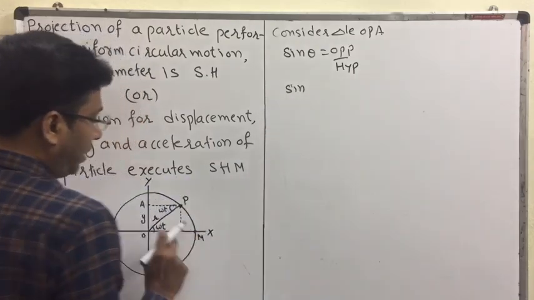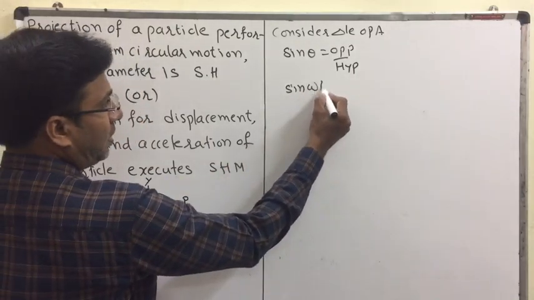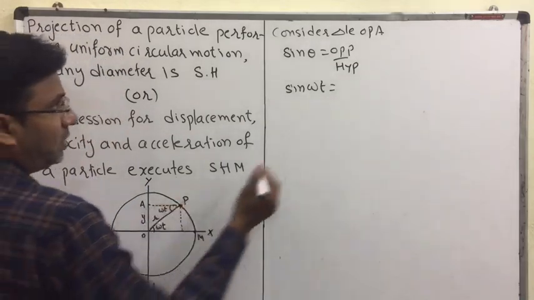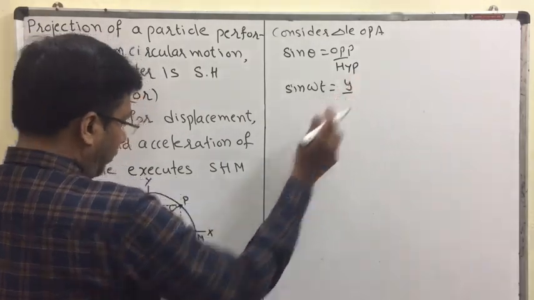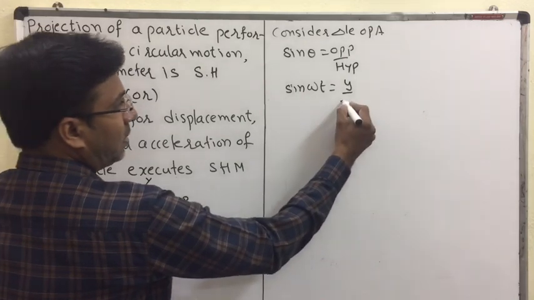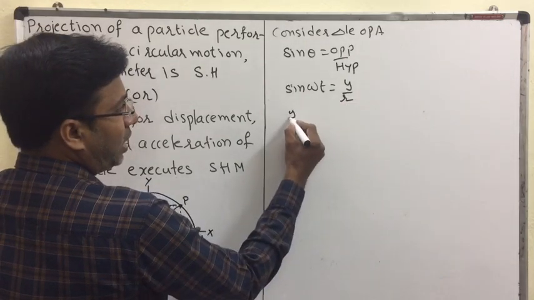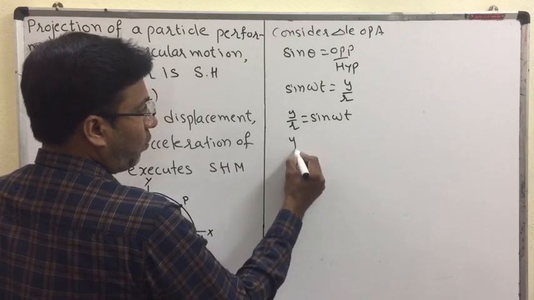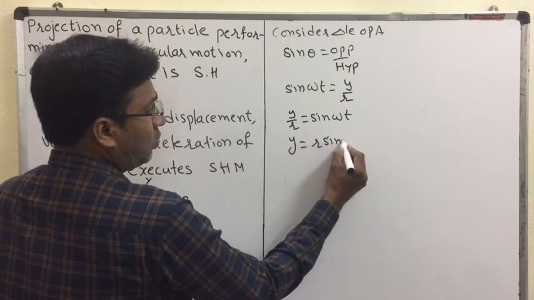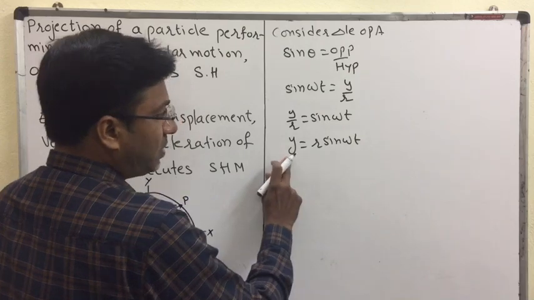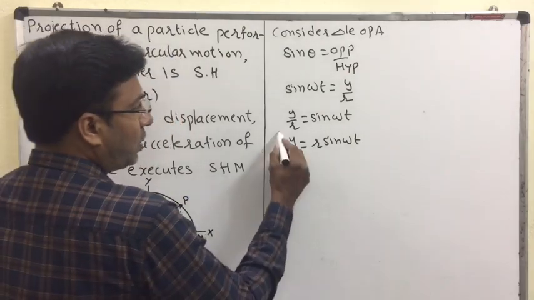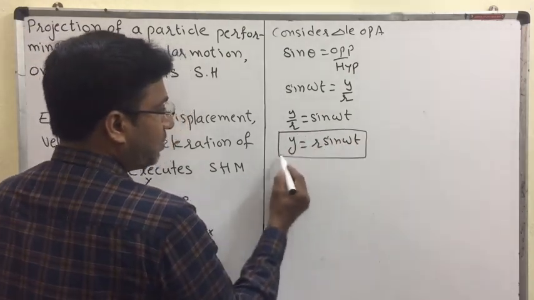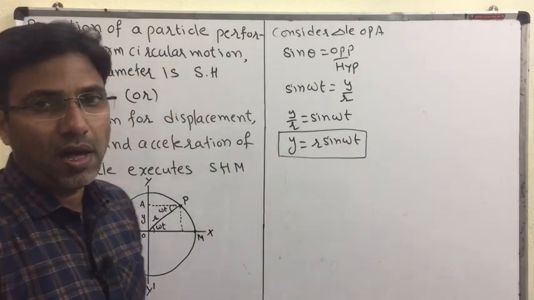In the figure, theta is omega t, opposite is y, and hypotenuse is r. Therefore, y by r is equal to sin omega t, or y equals r sin omega t, where y represents displacement. Therefore, this equation represents displacement of the particle in simple harmonic motion.